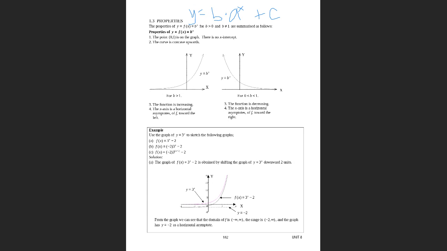So we always have to notice that y equals c is always the asymptote.